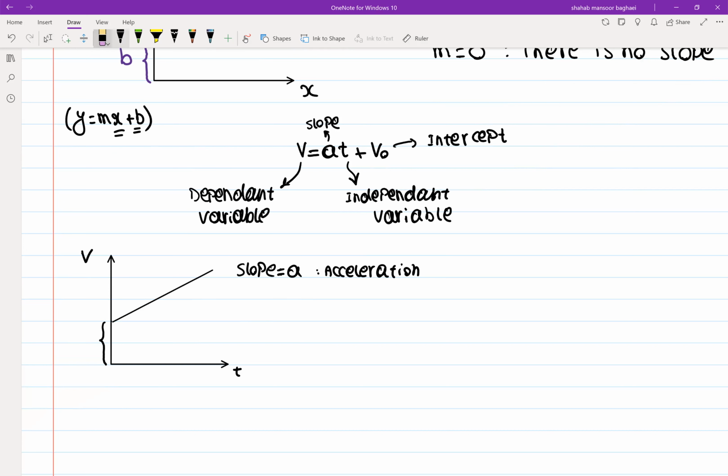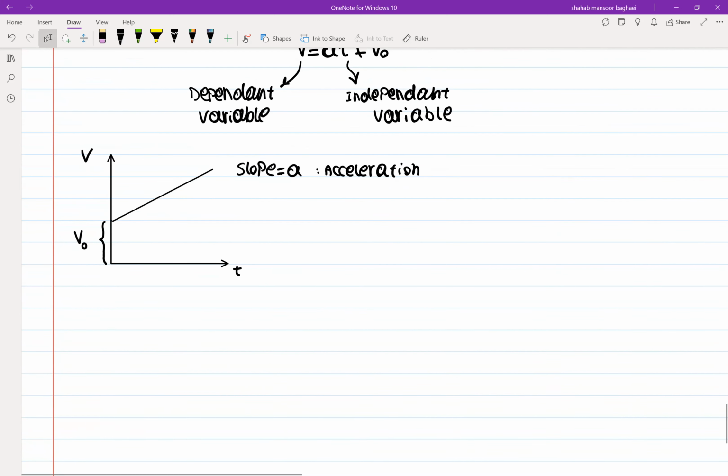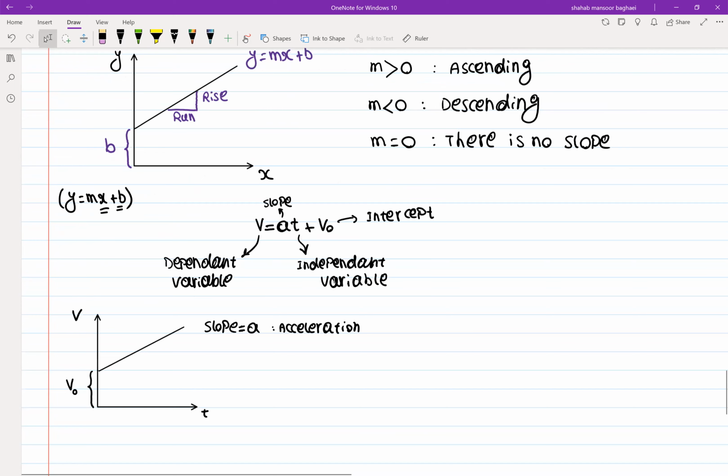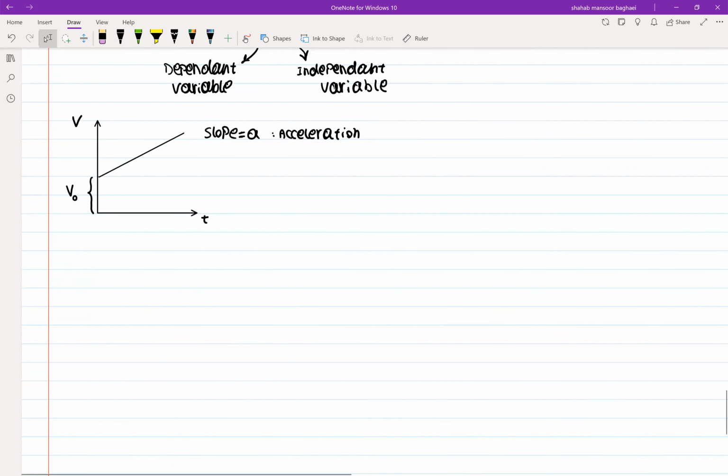Therefore, you have this intercept here, v0. And of course, you have this straight line on the coordinate system. You have a similar discussion here. If, for example, you have a positive slope, imagine a is higher than 0 or positive, of course, you have an ascending graph.